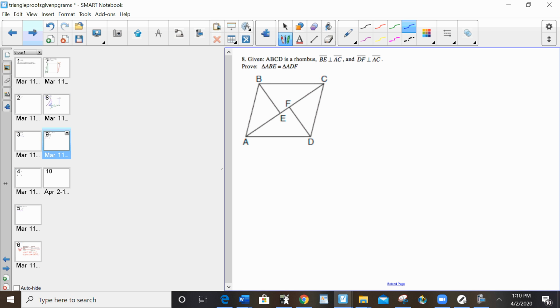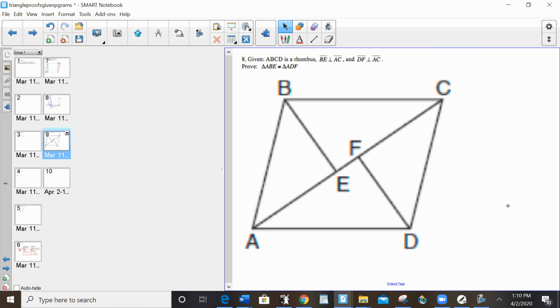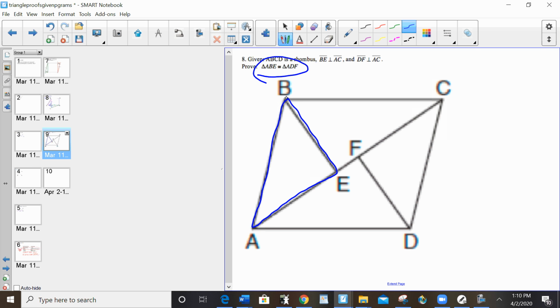And the last one here, is it obvious which triangles I'm proving congruent? No, I see a lot of triangles going on here, but it's telling me which triangles it wants. It wants ABE, and it wants ADF. It's telling me that ABCD is a rhombus.